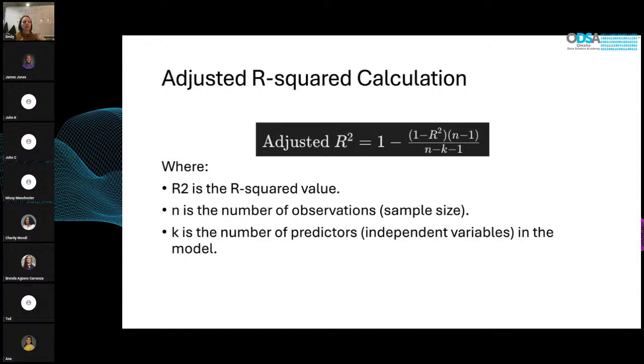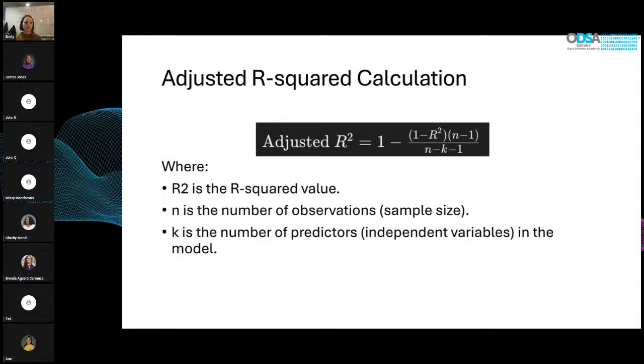So if we're adding tens and 20 and thousands of features, but it's pretty much just adding noise to our model, your R-squared value is going to reflect that. Your adjusted R-squared value is going to reflect that.